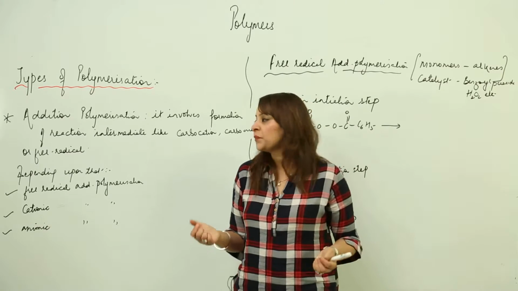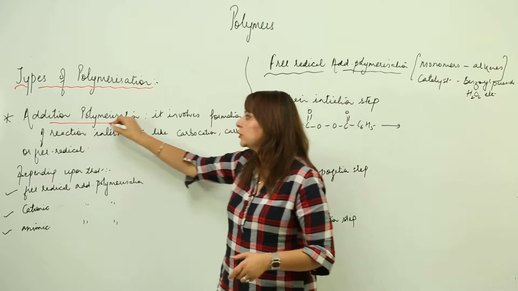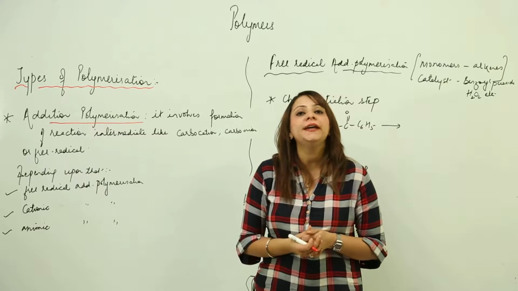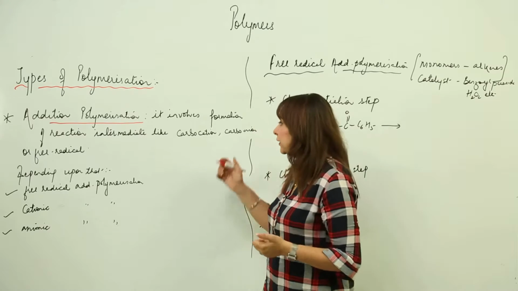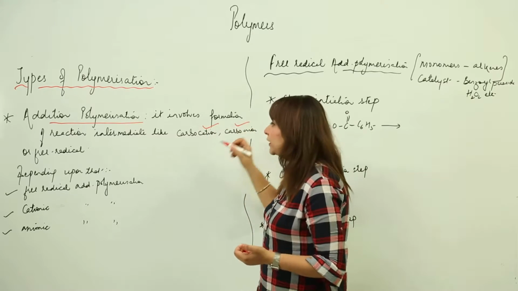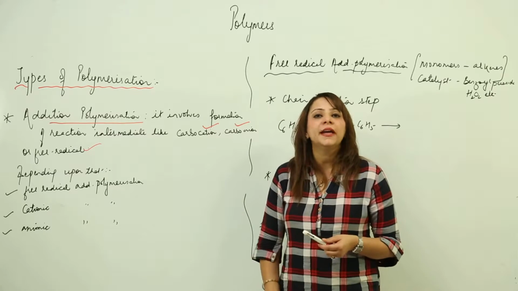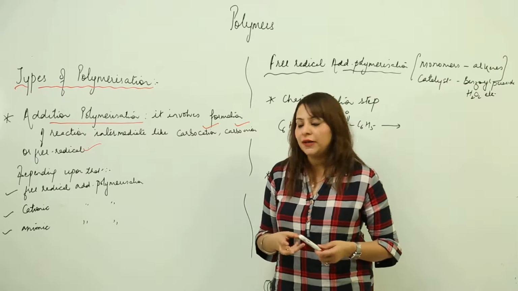that is the polymer. So, we have seen that whenever addition polymerization takes place, there is involvement of a mechanism in which an intermediate is formed, right. The intermediate formed can be a free radical, carbocation or a carbanion. So, depending upon that, we have three kinds of mechanism involved in addition polymerization.